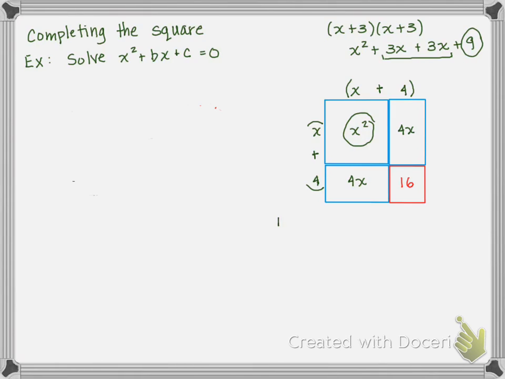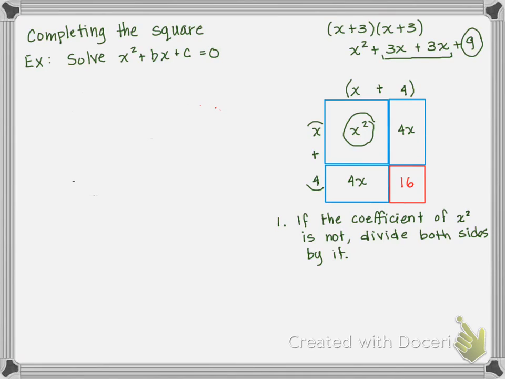So first things first, if the coefficient of x squared is not 1, divide both sides by it.